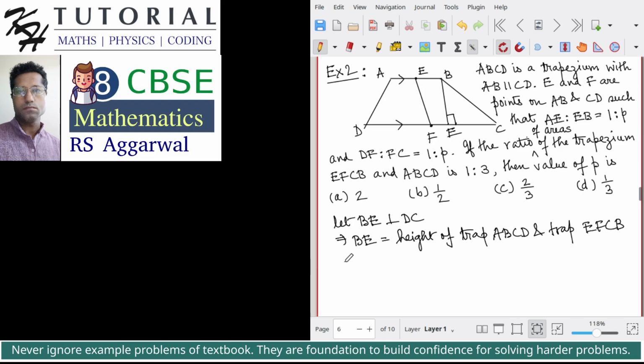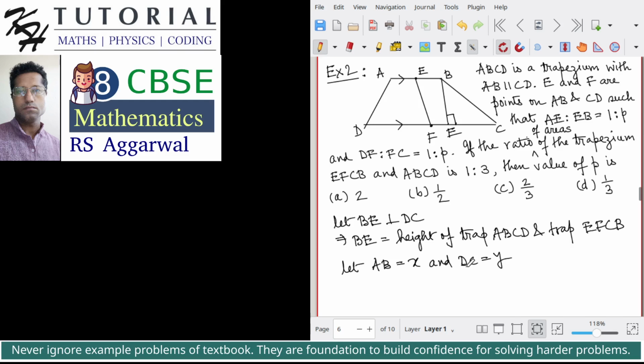Now let AB be equal to X, and let DC be equal to Y. That is, we are assuming that the length of the side AB is X, even though AB itself denotes the length of the side AB.